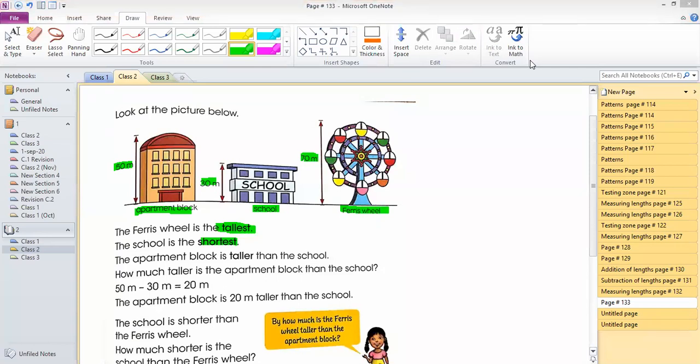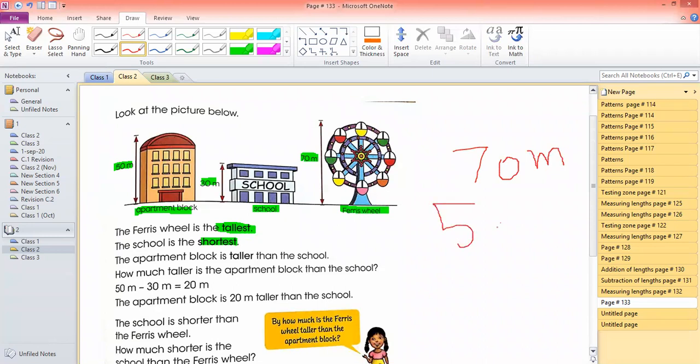Shorter. Taller. The answer is shorter. Why shorter? You can see that this is 70 meters. The Ferris wheel is 70 meters big, whereas the apartment block is only 50 meters.